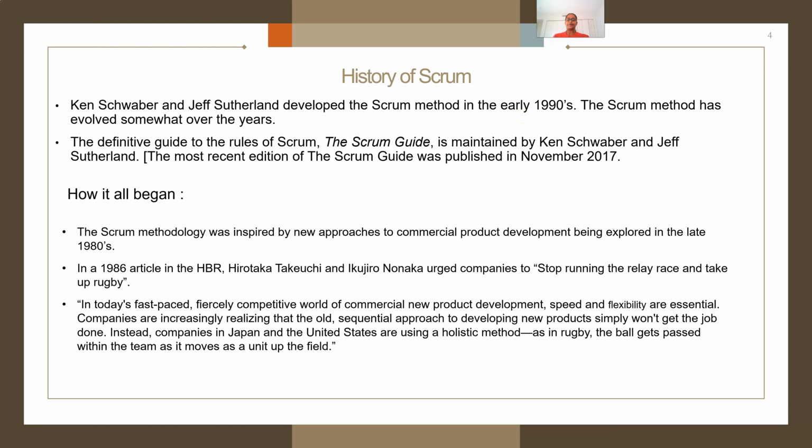It was created as a counter to the waterfall style of project management processes. Ken Schwaber and Jeff Sutherland developed the Scrum method, as already discussed. The Scrum method has evolved somewhat over the years.